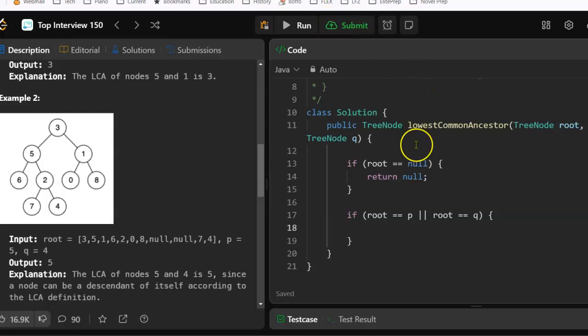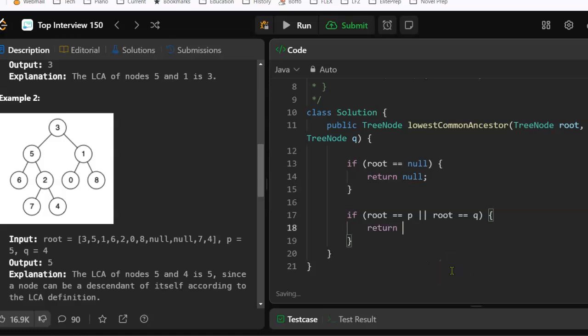If root equals P or root equals Q, well, imagine going through this and say we were looking for 5 and 4 in this example. That doesn't equal 5 or 4. It equals 3. If it is equal, we just return it.